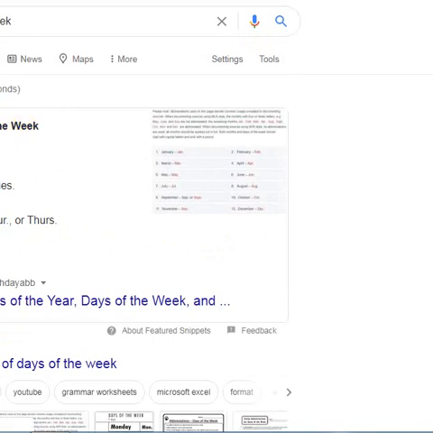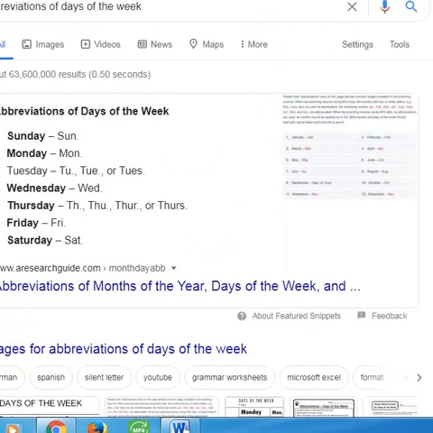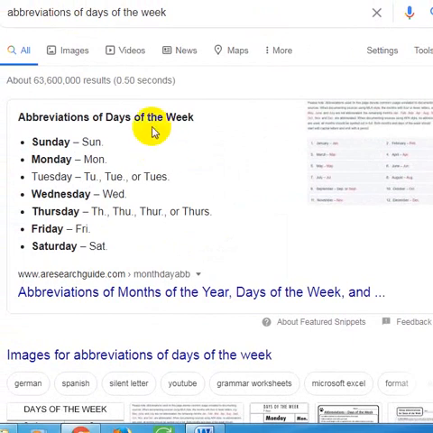Bring it over here, right? Sunday became sun and a period. Monday, mon and a period, right? You can see them? Yeah. Tuesday, either going to be what? T-U-E period or T-U-E-S period. Either one is correct, okay?